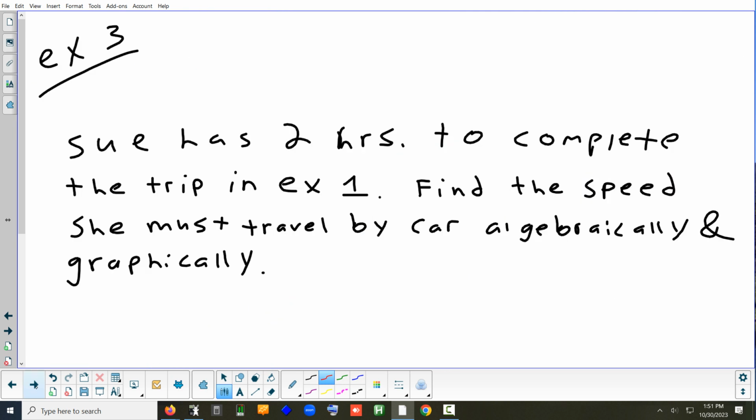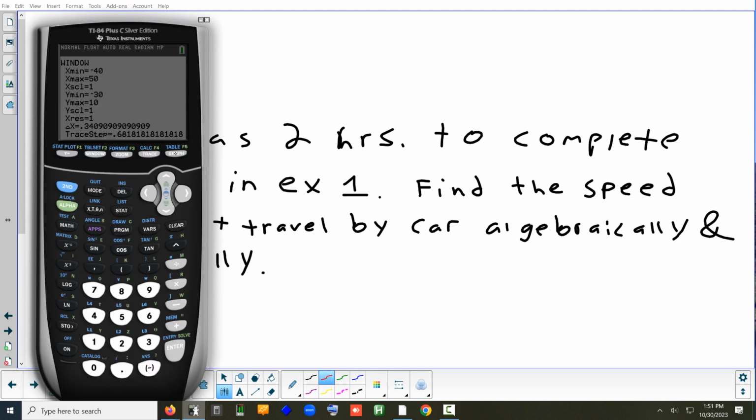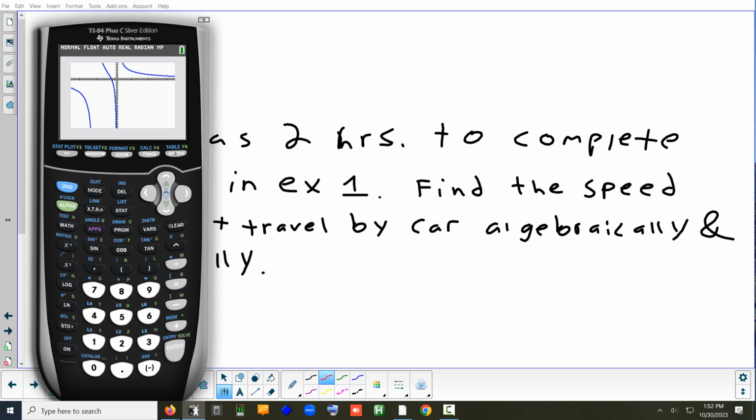All right. So now I want to use that same formula, and I'm going to tell you that Sue has 2 hours to complete the trip. Find the speed of the car and the speed of the train, if she completes the trip in 2 hours. So first of all, we should only be focusing on positive speed and positive time.